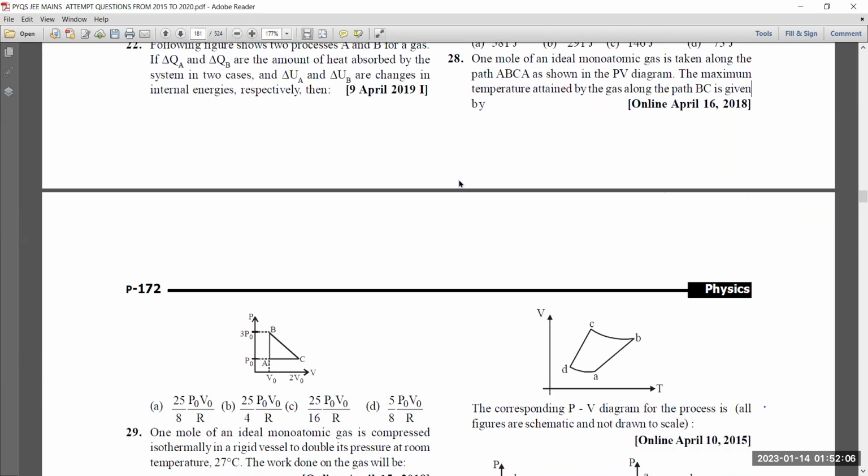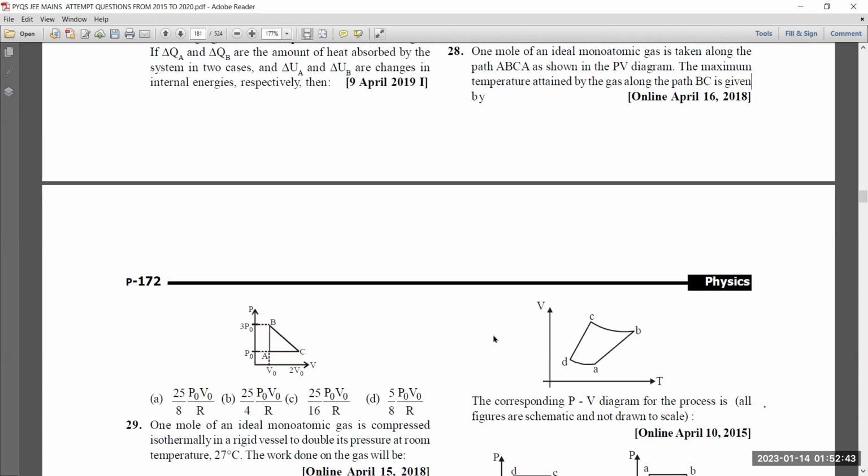You can read the question. 1 mole of an ideal monoatomic gas is taken along this path A, B, C, A. The maximum temperature attained by the gas along the path BC. Exactly the same question that we did in the last class. Find the PV equation, convert to the TV equation, differentiate T, you will get the answer. Correct? I hope you can do this.